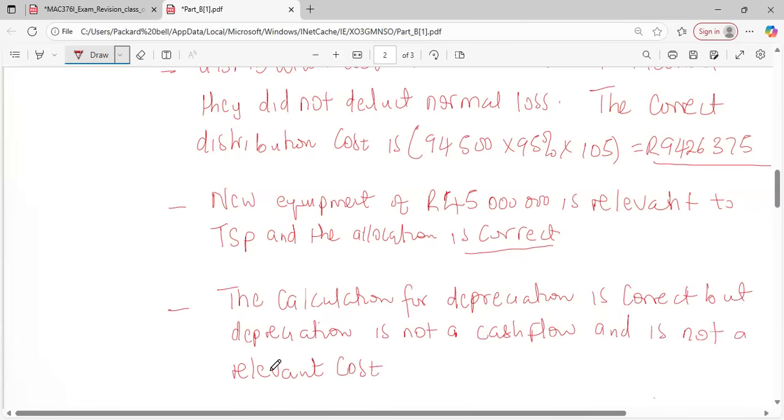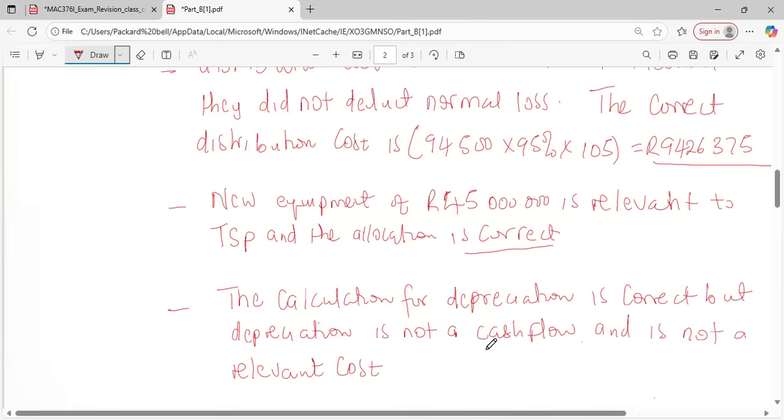Remember, when we're doing our relevant costing, depreciation is a non-cash flow item. So it's not relevant for decision making. Remember, relevant costing is for decision making. So if something is not cash flow, then you cannot use it for decision making. That is not going to affect the cash flow itself.